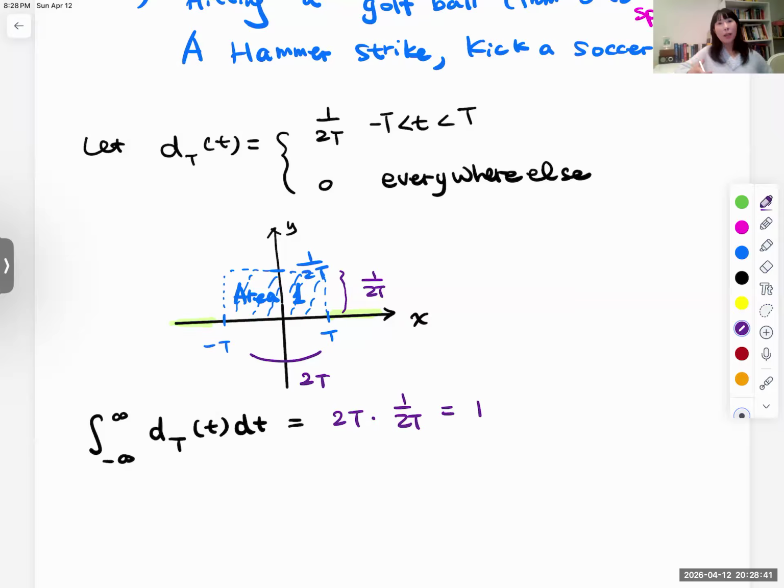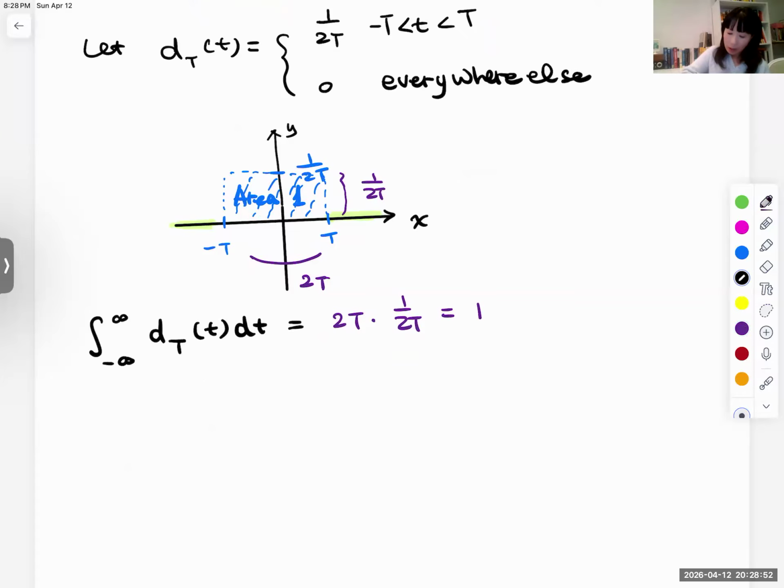So that will be, not yet the Dirac delta function. Let me write it down for you. We take the limit as t approaches 0. Let's use a smaller t. Here is 0, here is negative t and positive t, getting smaller, and 1 over 2t is here. That's also area equal to 1.